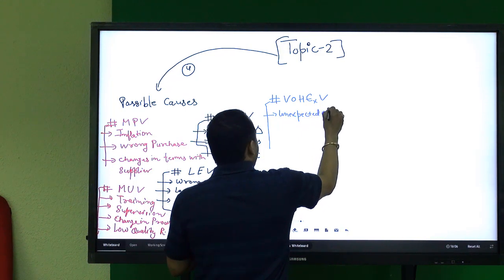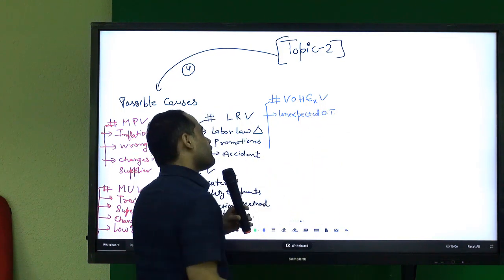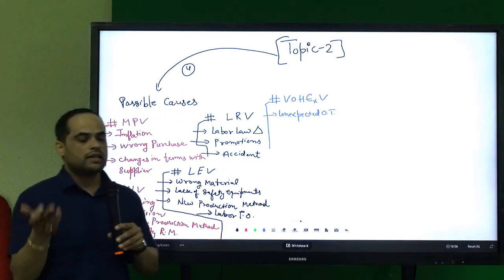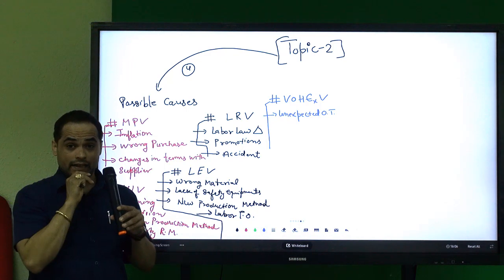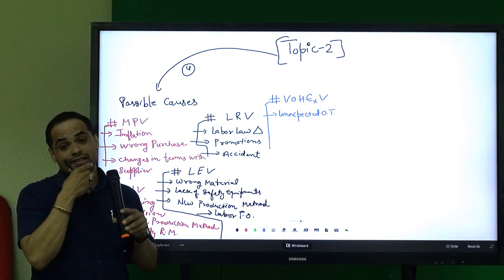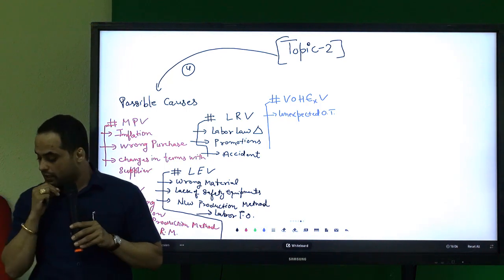That kind of unexpected overtime may give a negative impact on the expenditure variance. So expenditure variance will be unfavorable.